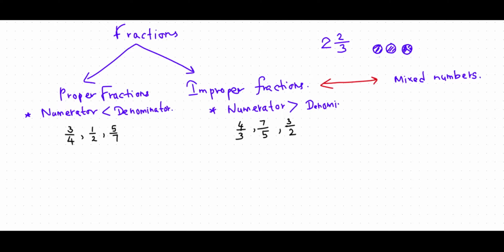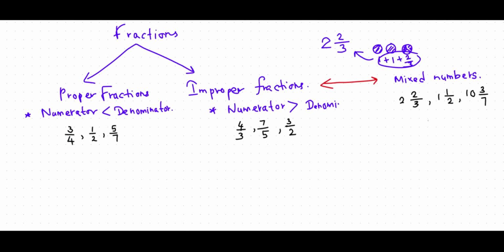Then it's all together 2 and 2 over 3. Whole number part and a proper fraction. So mixed numbers, we can write examples like 2 and 2 over 3, 1 and 1 over 2, 10 and 3 over 7. These are mixed numbers. So we can convert improper fractions to mixed numbers and mixed numbers to improper fractions.